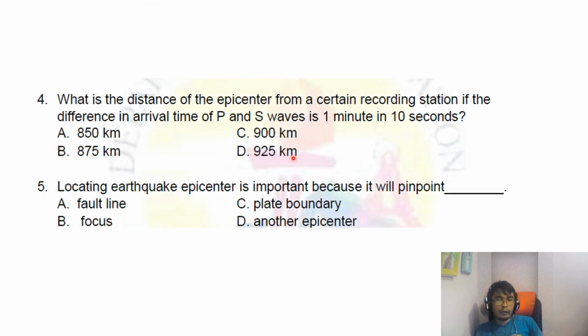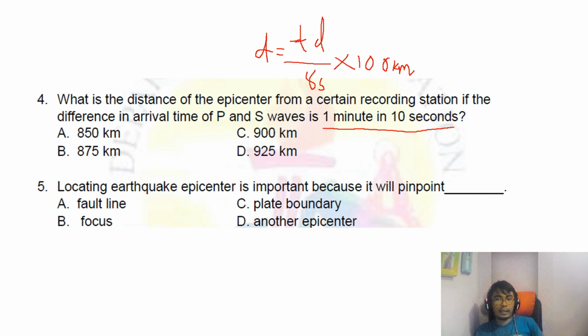For number 4, how do you get this? Okay, how do you get this? Take note that the distance of the epicenter is equal to time difference divided by 8 seconds times 100 kilometer. Now, 8 is in terms of seconds, 100 is in terms of kilometer. So, ano yung time difference dito? That's 1 minute and 10 seconds.